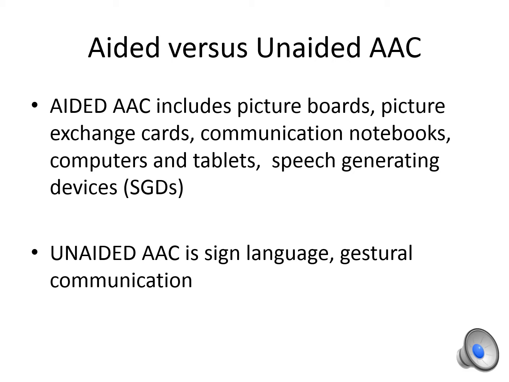So when we ask Medicaid to help us pay for an AAC system, we would be asking for an SGD, a speech generating device. Unaided AAC, alternatively, is the use of sign language or gestures to communicate, and it does not require any kind of other piece of equipment.